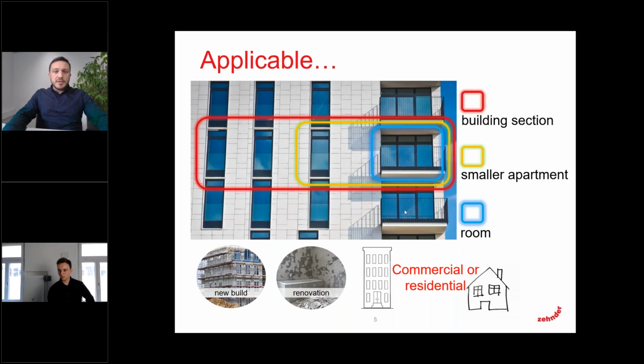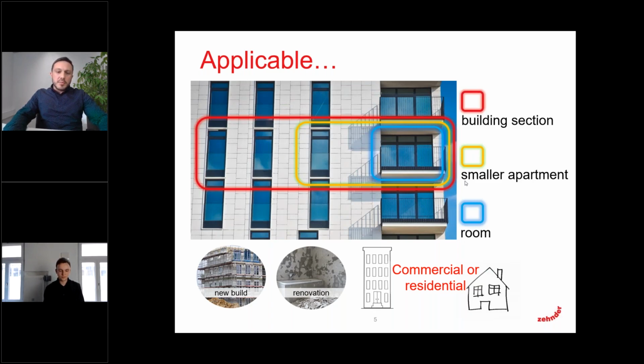As we know, by 2050 we want to be CO2 neutral, but 80% of the buildings of 2050 are buildings we already live in. So the renovation sector is very, very highly demanded, and therefore we also need air ventilation solutions for that renovation sector.